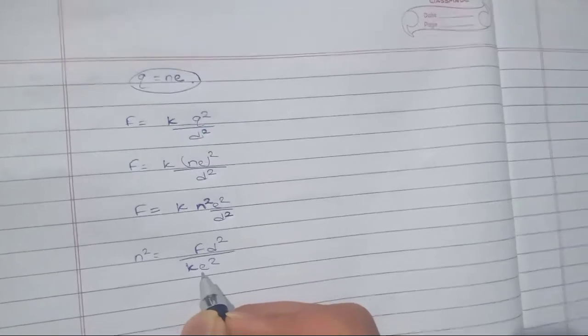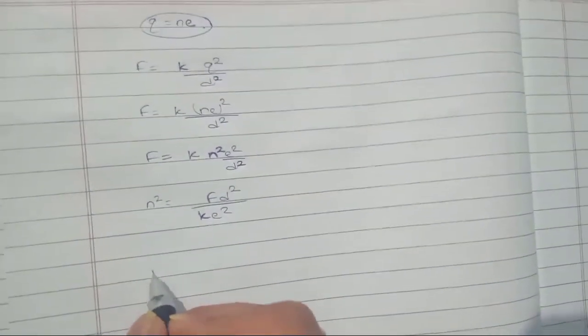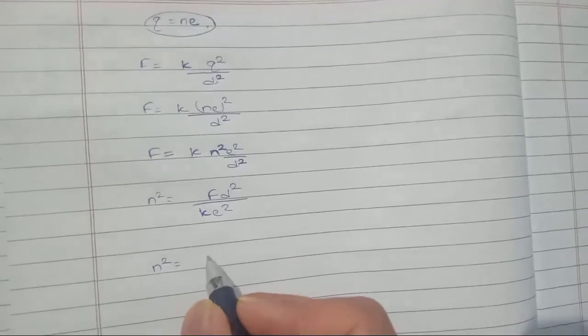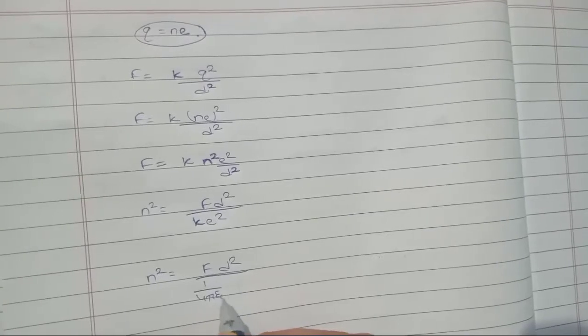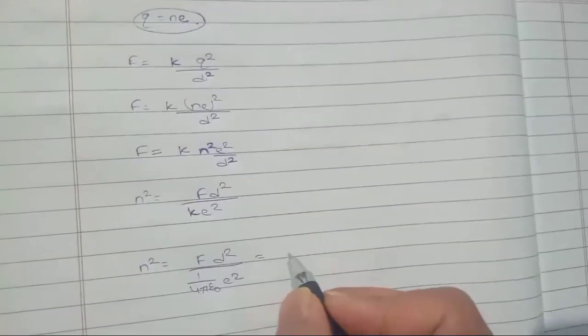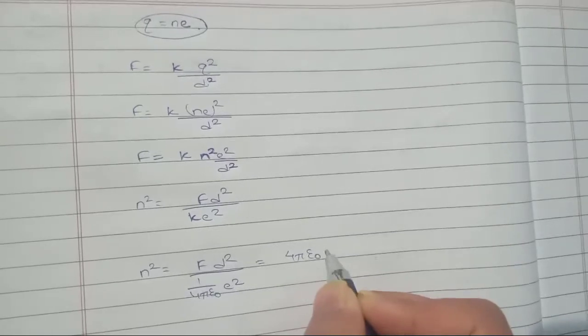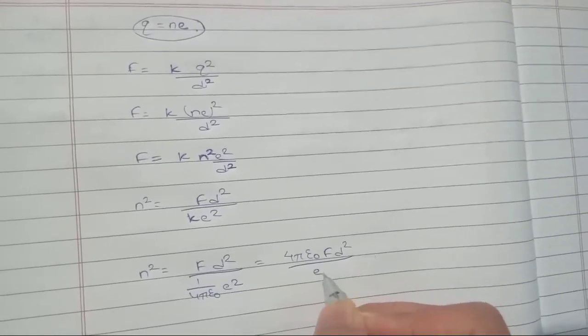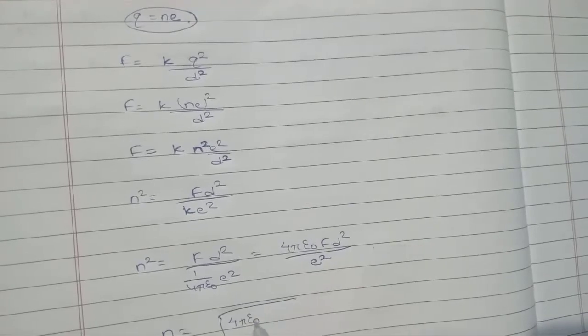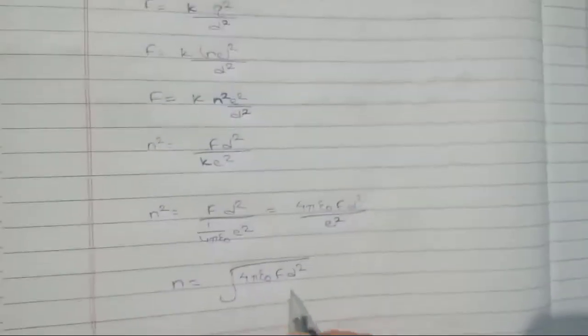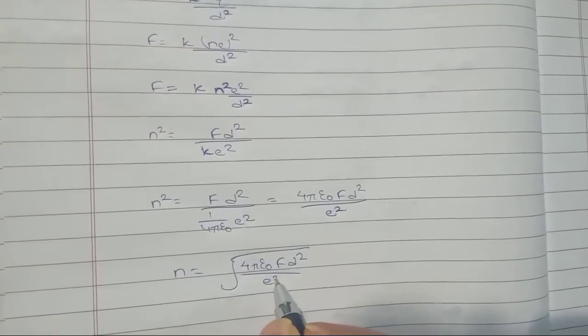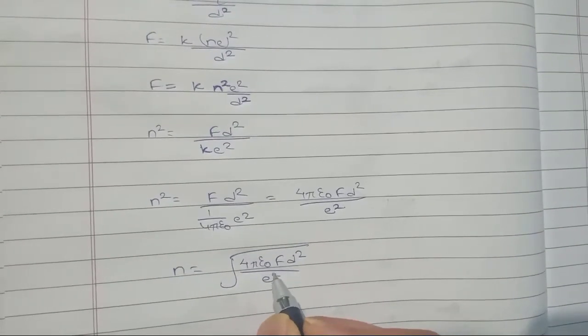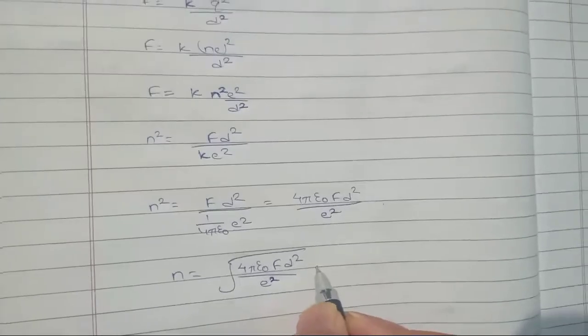Now k is equal to 1 by 4 pi epsilon naught. So n squared is equal to 4 pi epsilon naught F d square by e square. So n is equal to under root 4 pi epsilon naught F d square by e square. So the correct option is C.